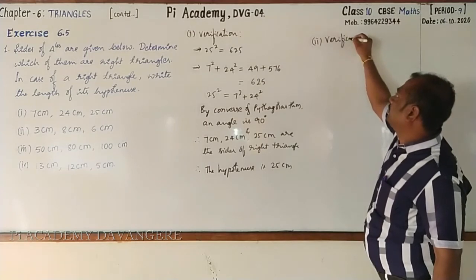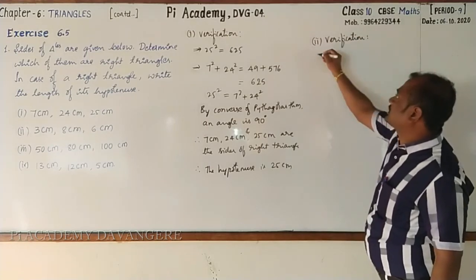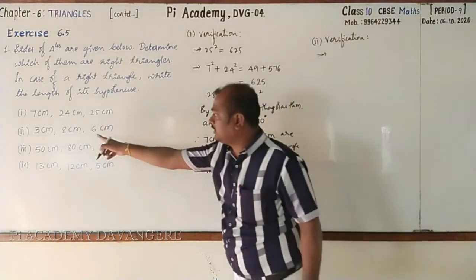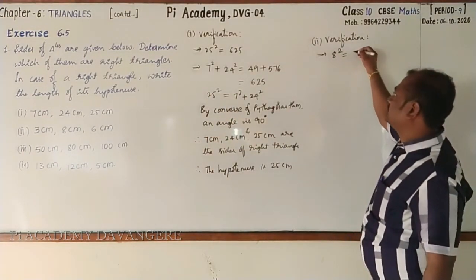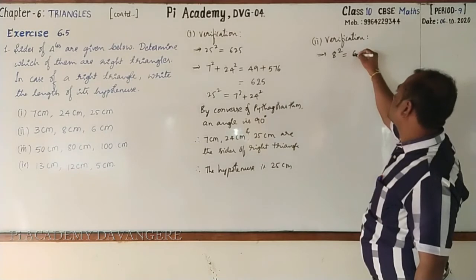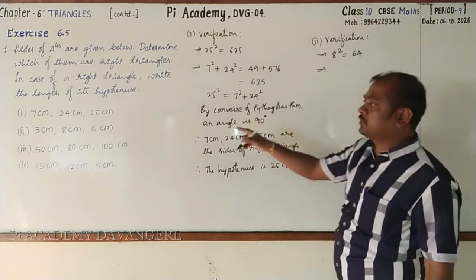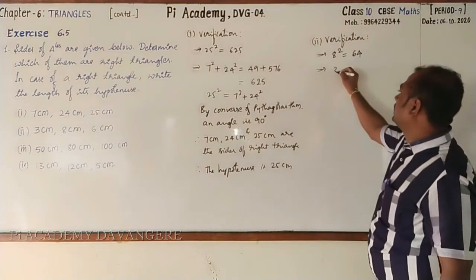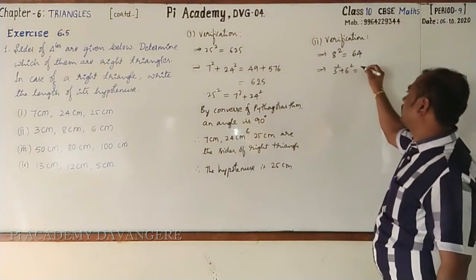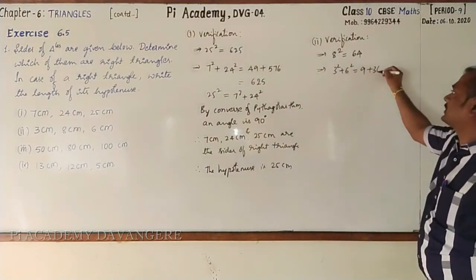Verification. First you take the longest side. Which is the longest side? Very good, 8 centimeter. So 8 square is equal to 64. Then the sum of squares of the other two sides, 3 square plus 6 square: 3 square is 9, 6 square is 36.